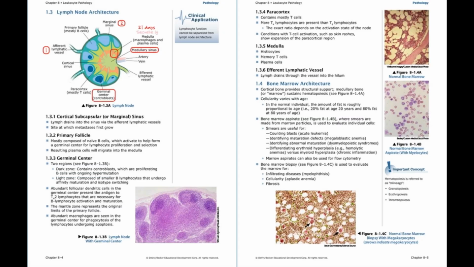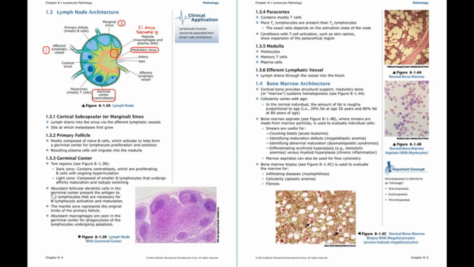As long as there is ongoing signal, then there's ongoing production of those plasma cells with antibody formation. When that signal disappears, perhaps by resolution of the infection, then 3 weeks later we start to see a complete drop-off of plasma cells and a lack of antibody production, and all we're left with at that point then are our memory cells. Note that the paracortex is where most of our T cells are, and the balance between T helper and cytotoxic T cells really depends on the clinical condition.